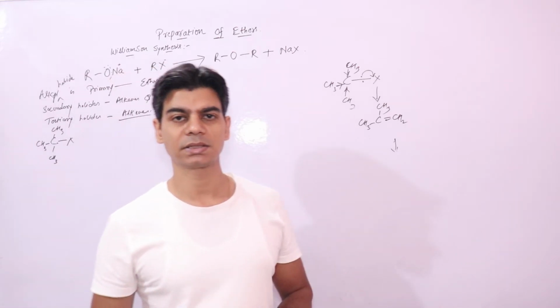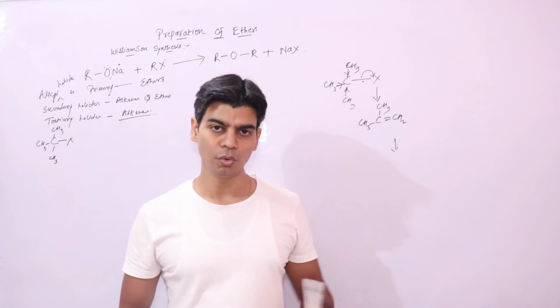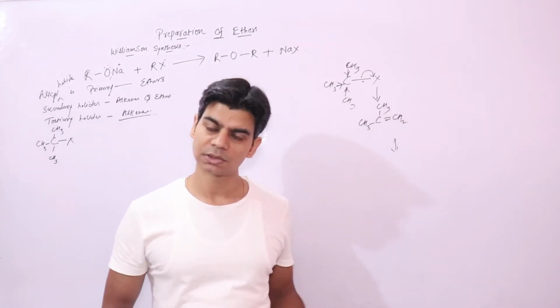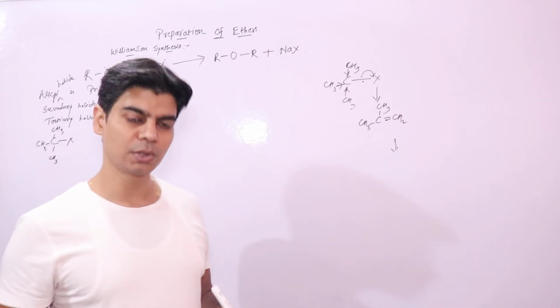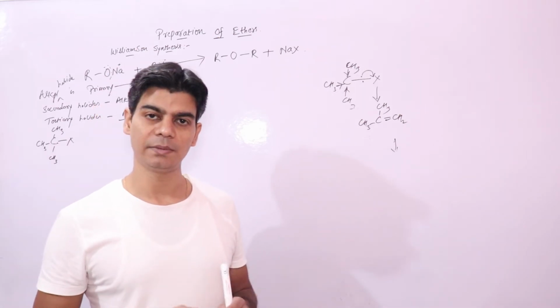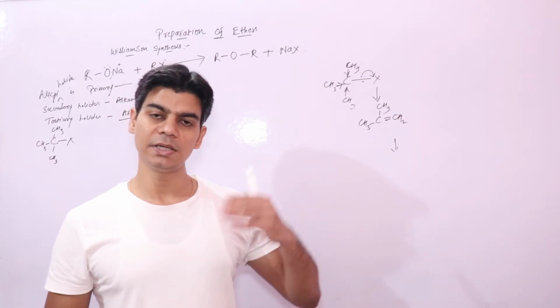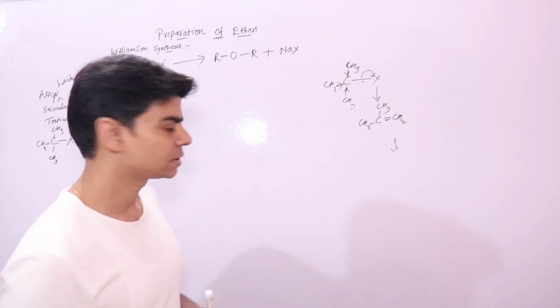Because tertiary halides are more prone to dehydrohalogenation, they will not give you ethers. That is why we prefer to take primary halides, because primary halides will give you majorly ethers in Williamson synthesis.